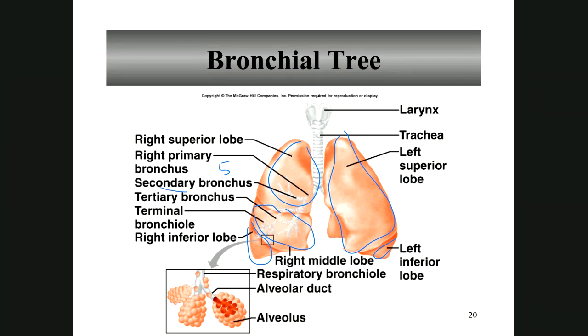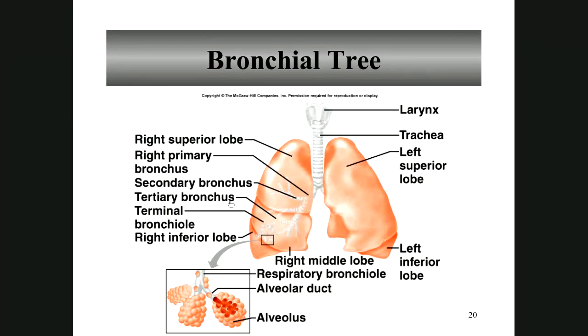So in fact, secondary bronchus is also known as lobar bronchus. Okay. Then you see what's called tertiary bronchus.